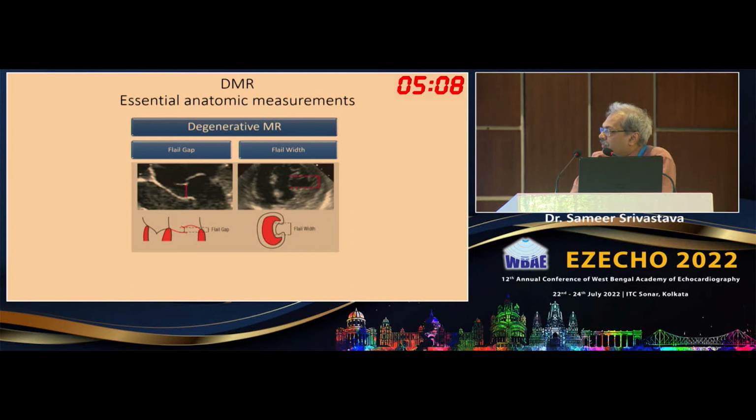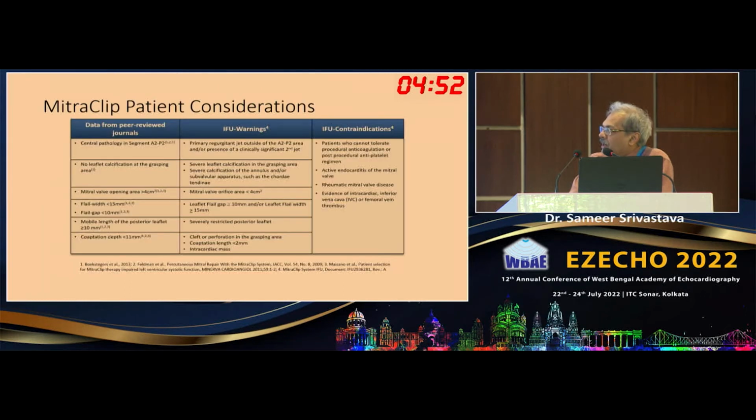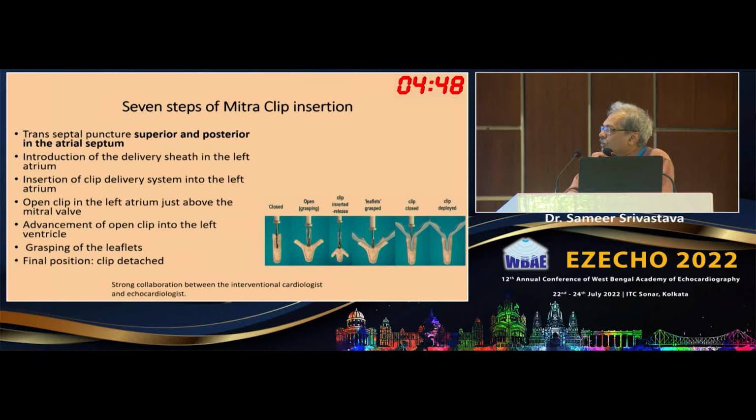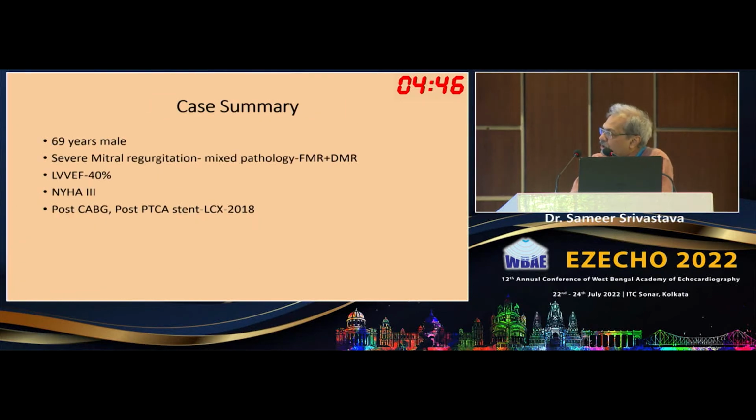Then there are flail width and flail gap. Not very many people are now bothered about this, because once they find that it is a significant MR where they can grasp, they'll be good enough to go about it. And when experience gains, then these things become kind of redundant. Patient consideration, I'm not going to talk about. Just go ahead with one of the cases which we have done.